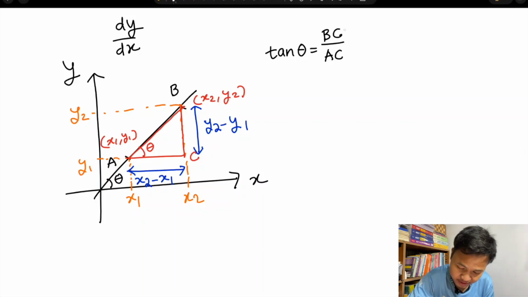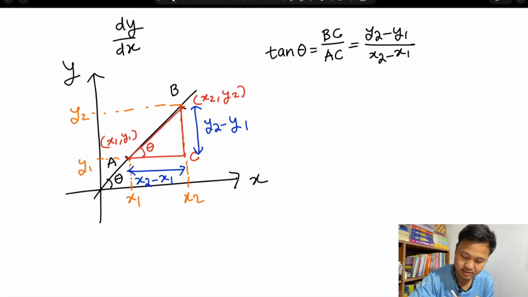Here BC is y2 minus y1 and AC is x2 minus x1. Tan theta is nothing but the slope, right?